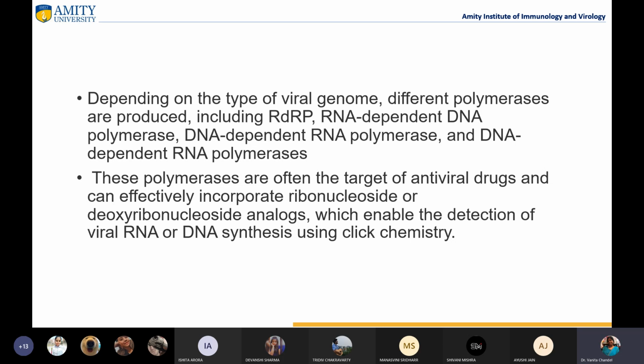These polymerases are often the target of antiviral drugs used as therapeutics in the treatment of viral diseases, and they can effectively incorporate ribonucleoside or deoxyribonucleoside analogs, which enable the detection of viral RNA or DNA synthesis using click chemistry. So antiviral drugs are basically analogs that we use to inhibit the replication of viruses, right?